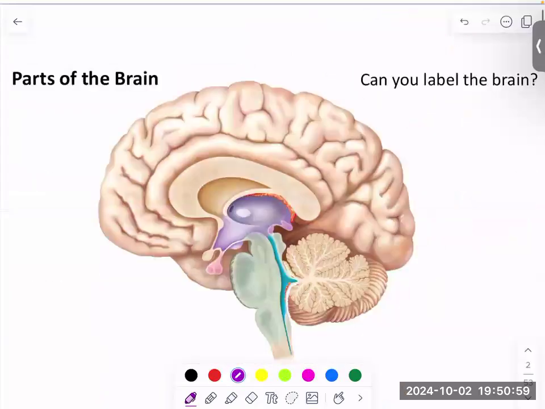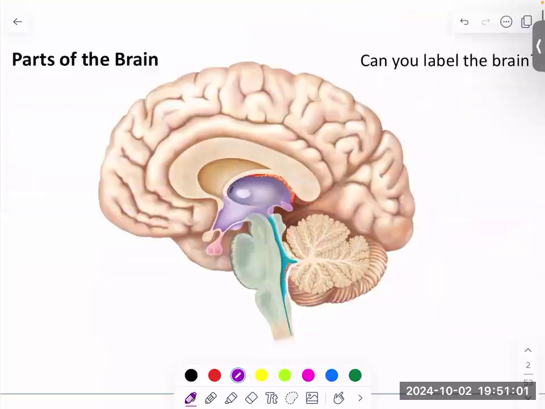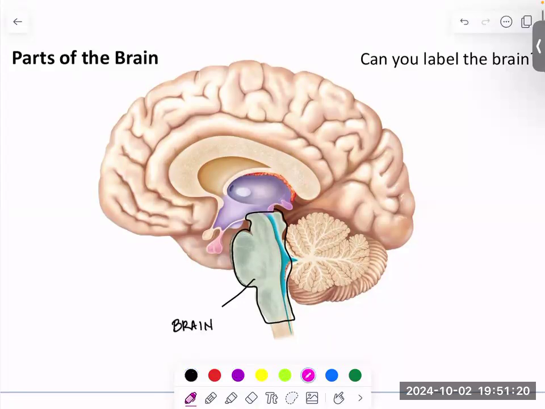Parts of the brain. The parts of the brain include many parts in the brainstem. The green region is the brainstem. This is where the brain connects to the spinal cord down below.